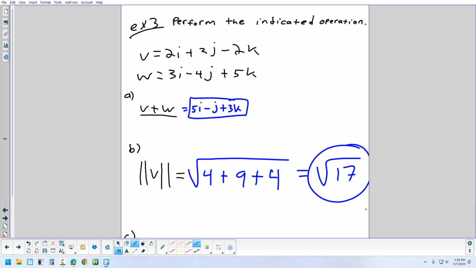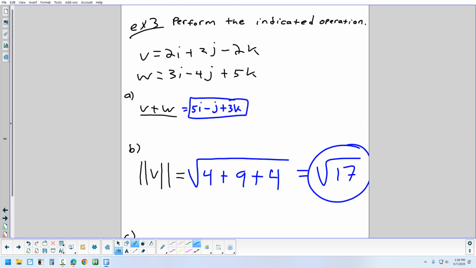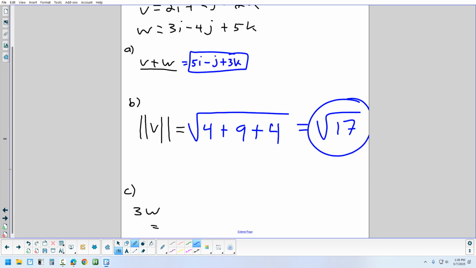Okay. And how about part C? 3w. Okay, what's 3w going to be? What are we doing? Multiply. That's a scalar product. 3, 6, 9. 9i. 4, 8, 12. -12j. And then 15, plus 15k.